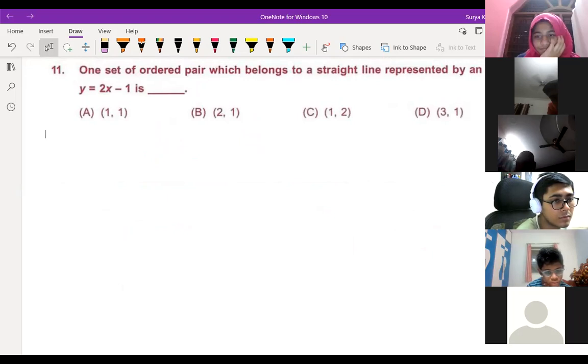Ordered pair means you put the value of x and y, and it should come equal. Put the value of x is equal to 1, you should get 1 only. So the first option is correct. If you put x is equals to 1, you will get y is equals to 1 only, right?